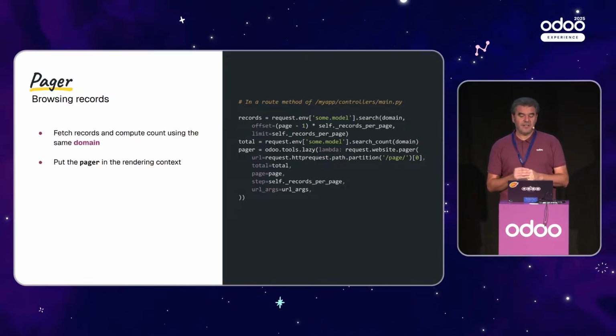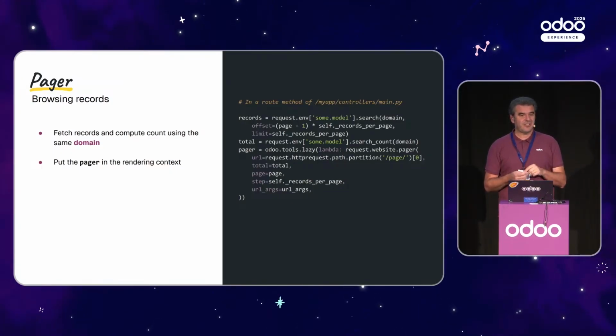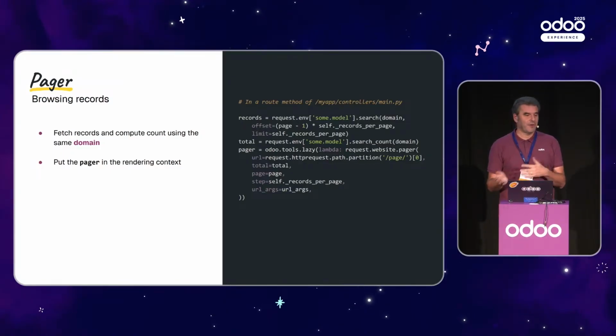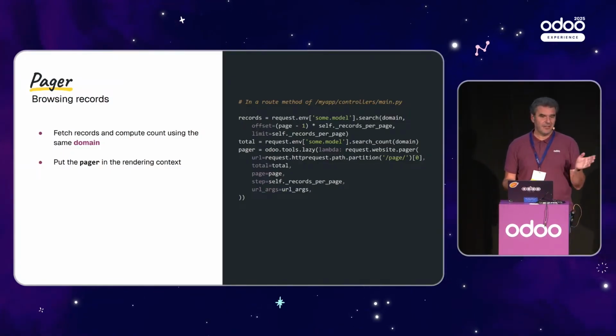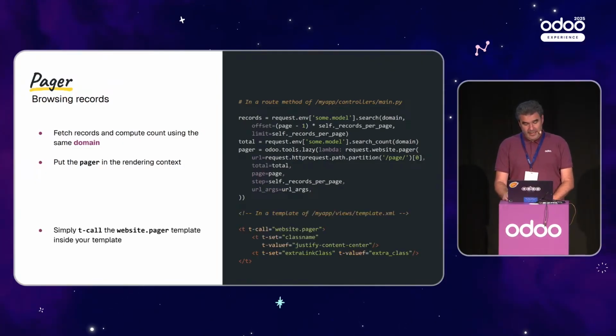The address generated by the pager contains a /page/ followed by the page number, so you can recover the initial address just by truncating on /page. And you put the pager inside the rendering context, and then within the template, you just t-call website.pager. You can configure its style a bit with a few variables.